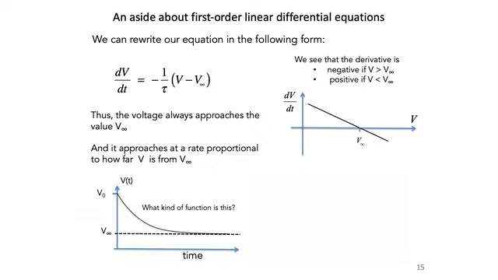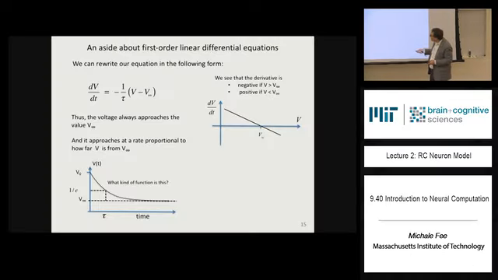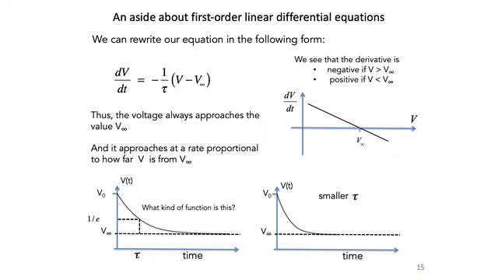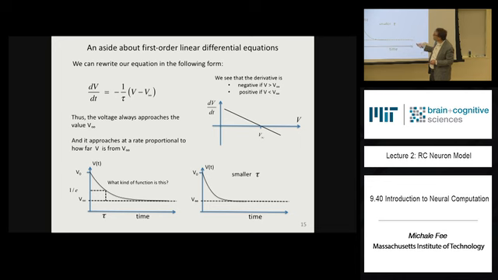It's an exponential. Good. And it approaches with a time scale of tau. So if tau is small, it approaches quickly. If tau is long, it approaches slowly. And see that if tau is big, the derivatives are small. If tau is small, the derivatives are bigger. Right?